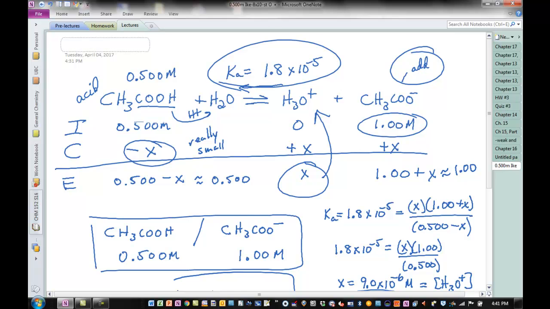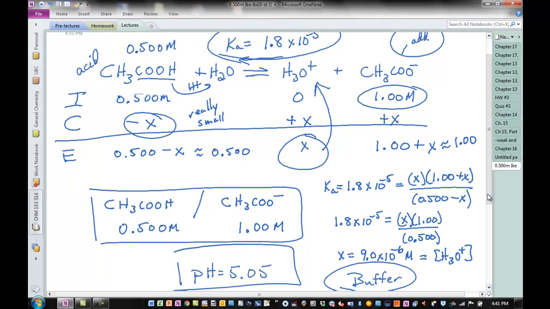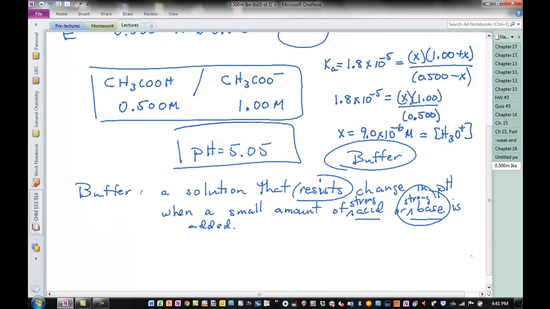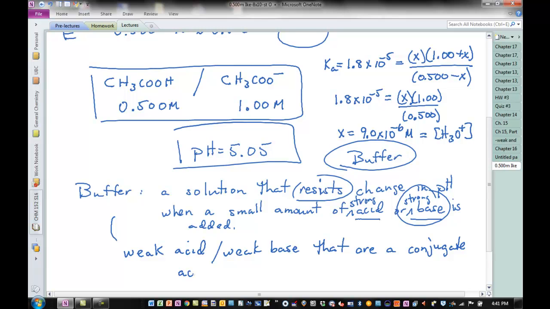I didn't say that well, but we will talk more about that in class as we see how the concentrations change. So a buffer is going to contain a weak acid and a weak base that are a conjugate acid-base pair.